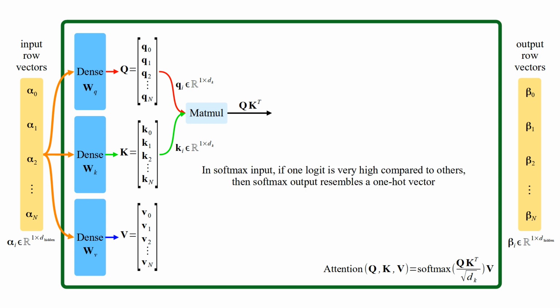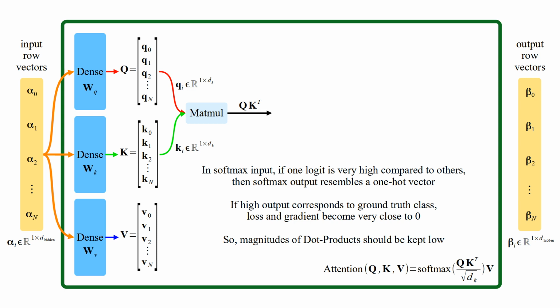In softmax input, if one logit is very high compared to others, then softmax output resembles a one-hot vector. If high output corresponds to the ground truth class, loss and gradient become very close to zero. So magnitudes of dot products should be kept low.